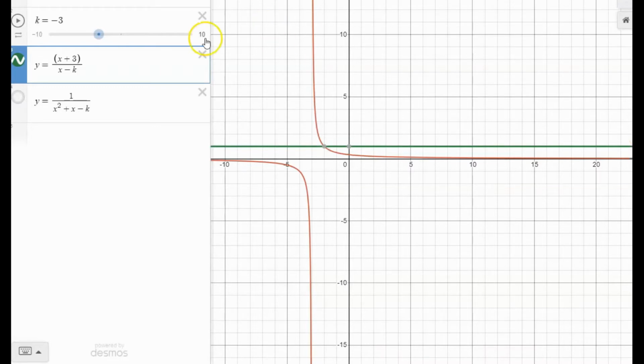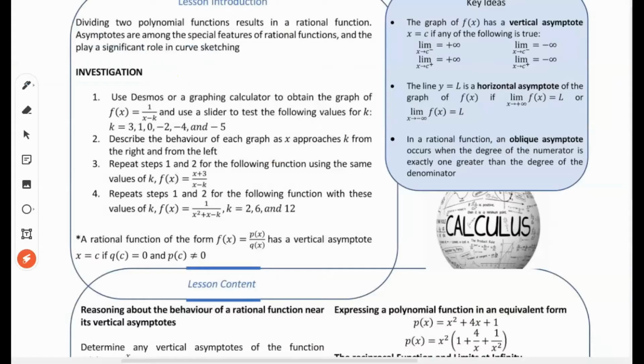So to get a vertical asymptote, you do need the denominator to equal 0 so that your function is undefined, but also the numerator can't be 0 as well. If the numerator is also 0, you won't get an asymptote there, you'll just get the function undefined at that point. And lastly, let's check this function down here.